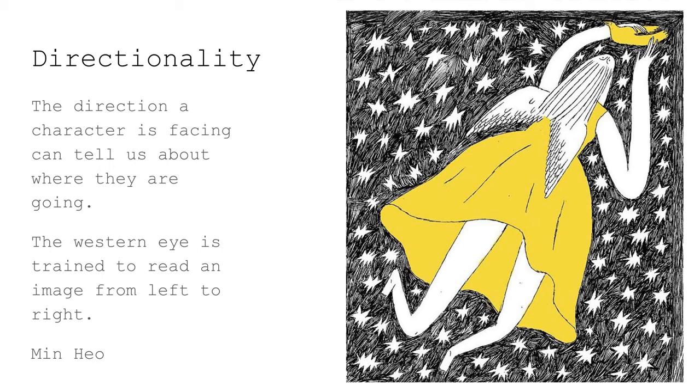Directionality is helpful, especially when we're trying to read an image. The direction a character is facing can tell us about where they're going and how successful their journey might be. So keep in mind that the Western eye is trained to read an image from left to right. So with this angel, we see her moving upwards and to the right. And so that might tell us that her journey will be successful.